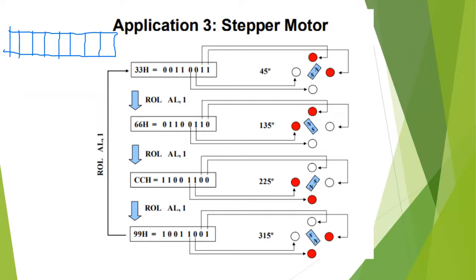So for example, it is port B, anyway, wherever it is connected, the motor, and this is for A, B, C, D, and these 4 bits are unused.